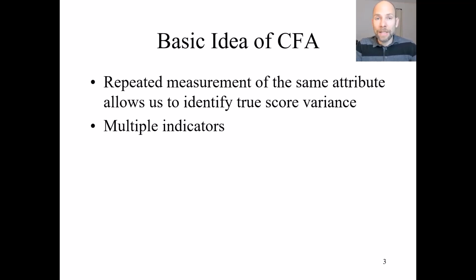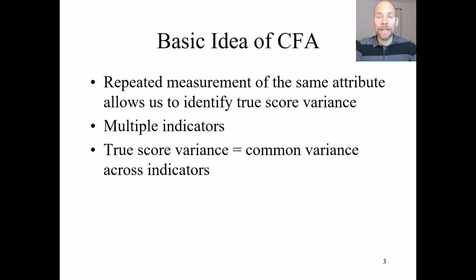or subjective health. And then through the use of multiple indicators, we can identify the true score variance as the common variance across different indicators. So what different indicators share then must be the reliable portion.